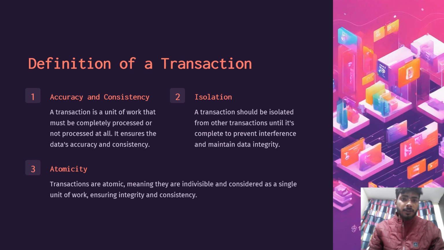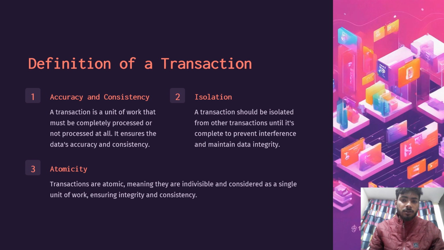Definition of transaction: accuracy and consistency, isolation, atomicity. Accuracy and consistency: the transaction is a unit of work that must be completed fully or not at all. It ensures data accuracy and consistency.